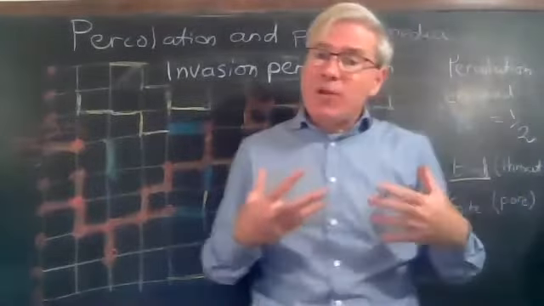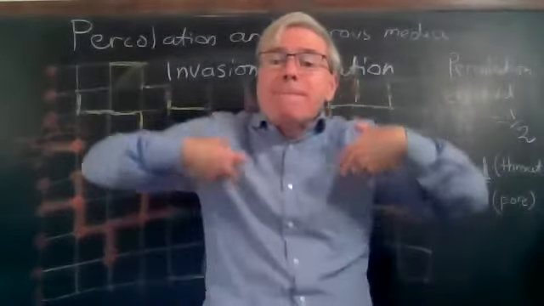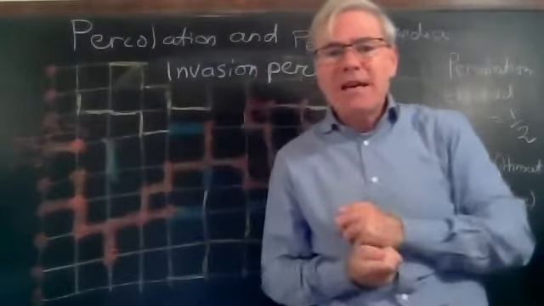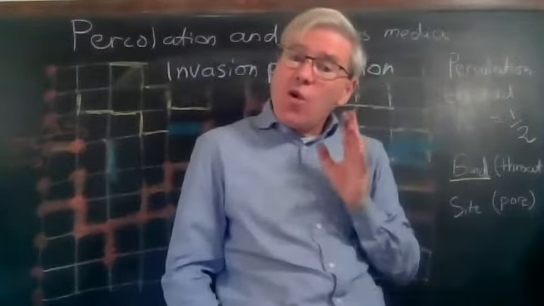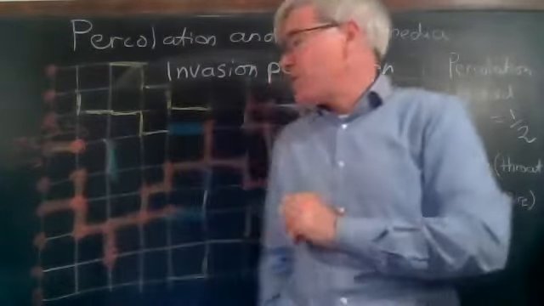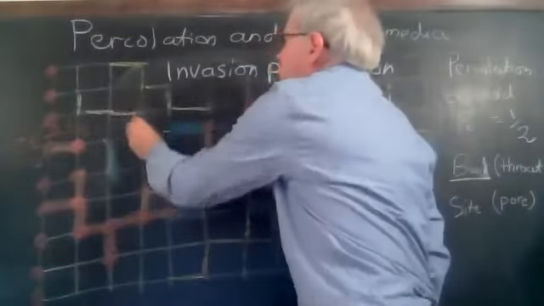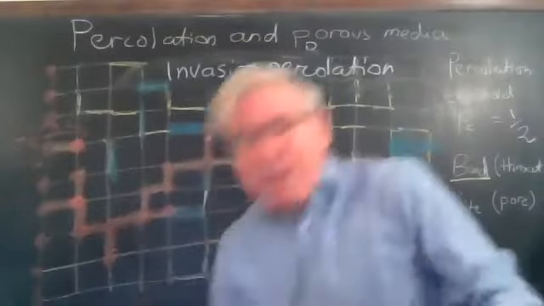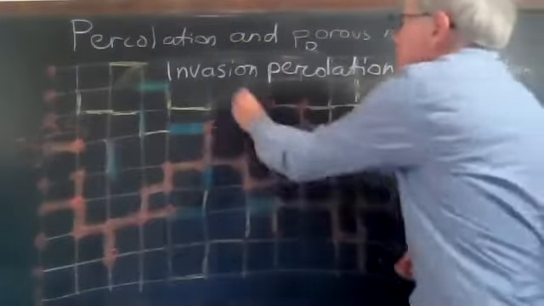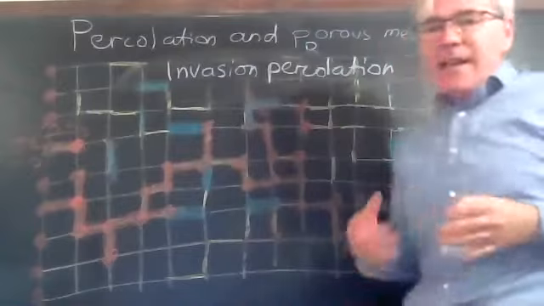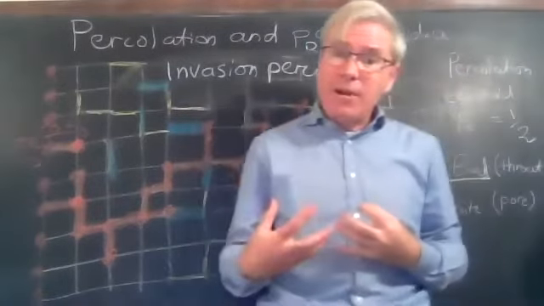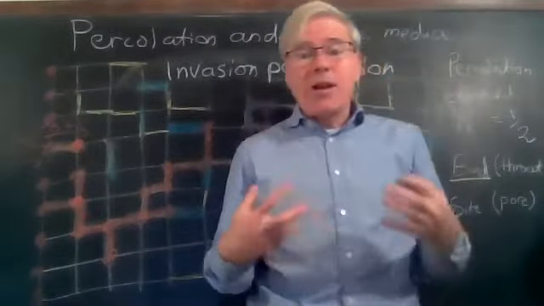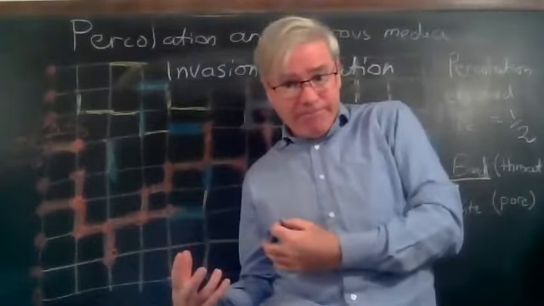So when we're considering water flooding, the water going back into the porous medium, that's an ordinary percolation process. The water basically just fills throughout the pore space wherever it can.